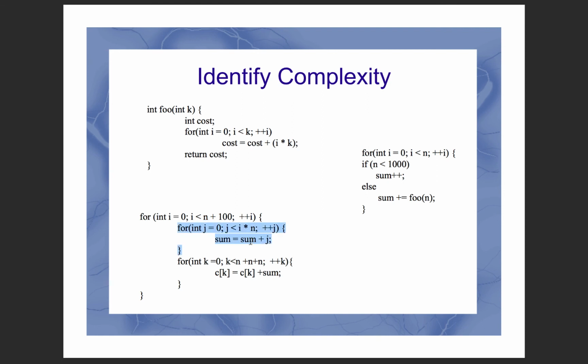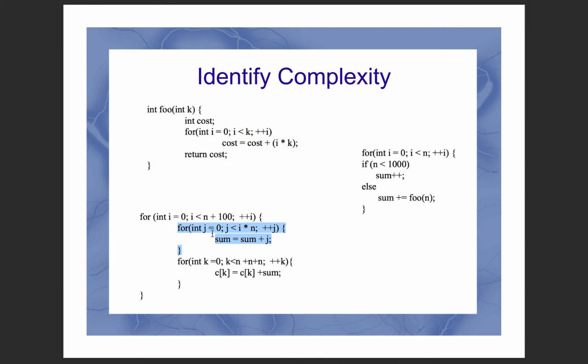This for loop runs i into n times, and this for loop runs 3n times. 3n means n times, because we remove all the constants, so this for loop runs n times.